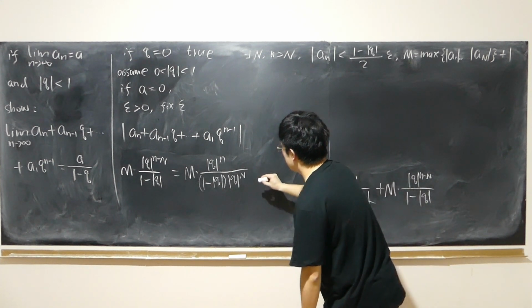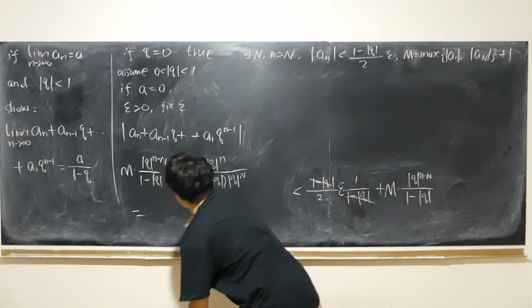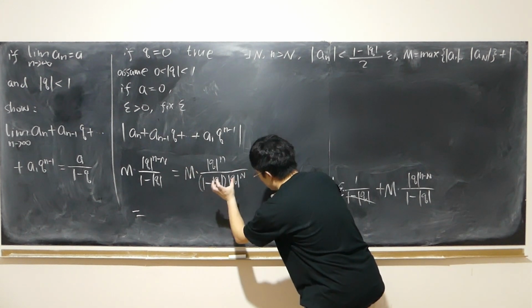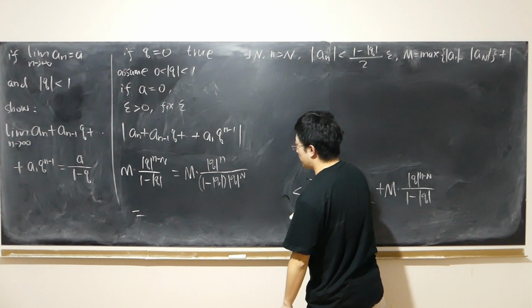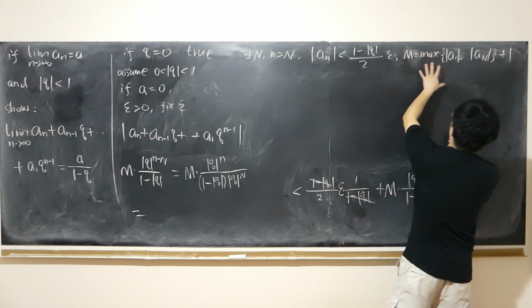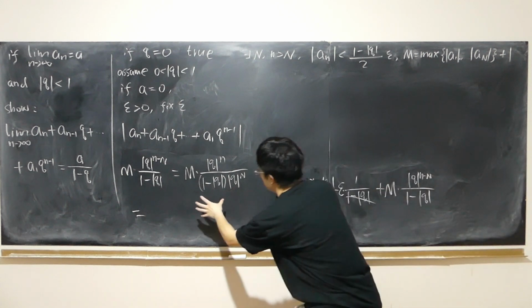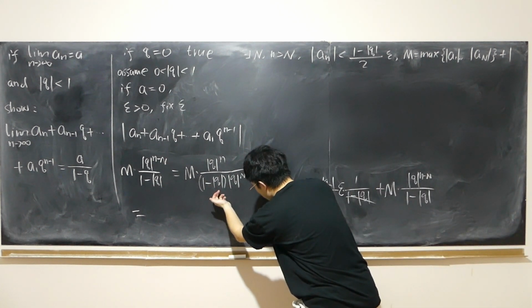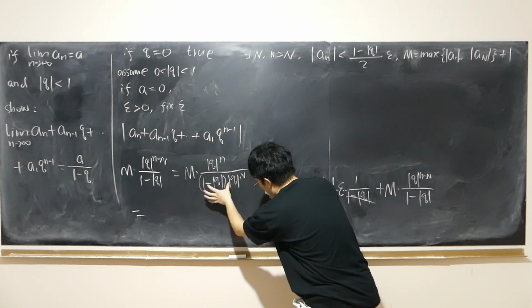So if I let this part, M times the bottom, become M naught, in which case, because this is already strictly positive, right? Strictly positive, of course, q is not 1, so this is non-zero, strictly positive.